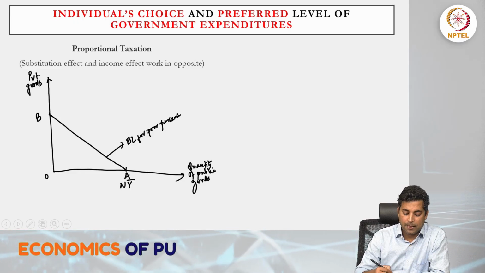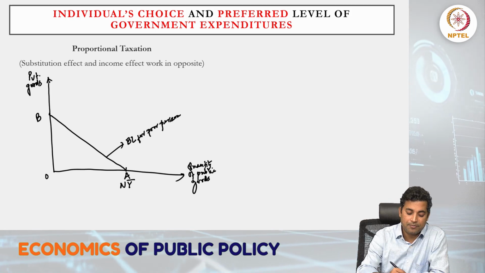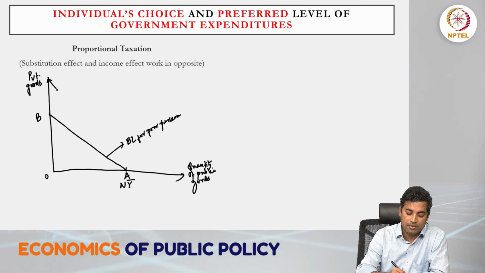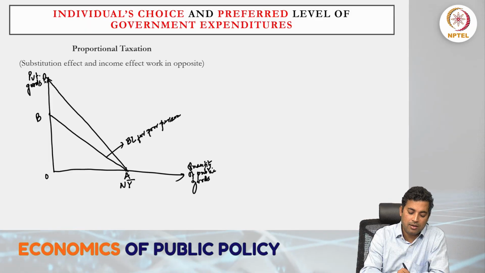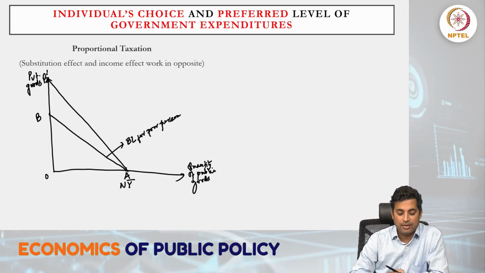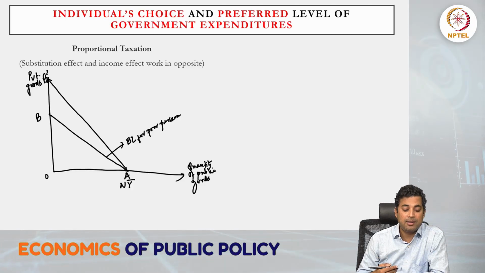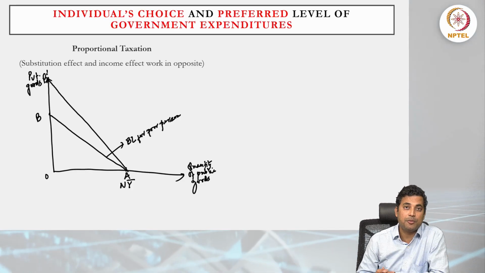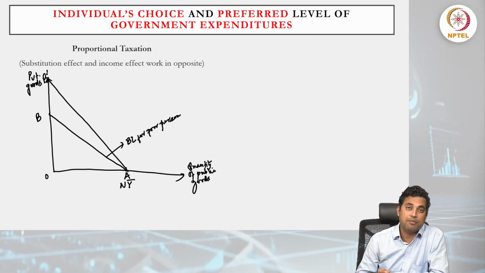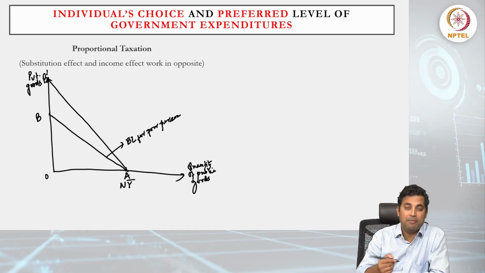For the rich person also there will be a budget line, and assuming OB dash amount of total private commodity or private goods will be consumed by the rich people, the rich person's budget line is AB dash.